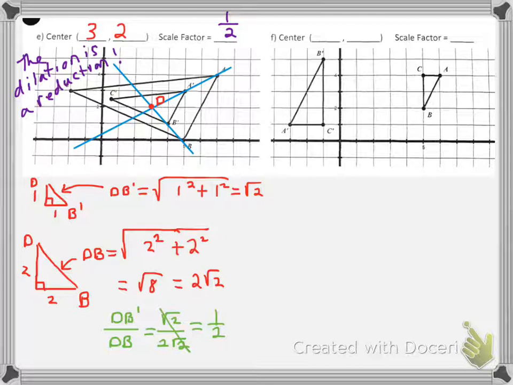Okay. What's the next one I'm going to do? Example F. Okay. So there's our center of dilation, 3, 3. And let's see if you can guess at least something about what we should expect with this scale factor.